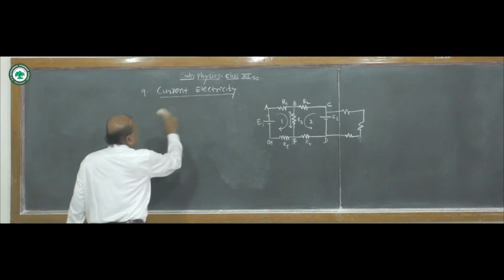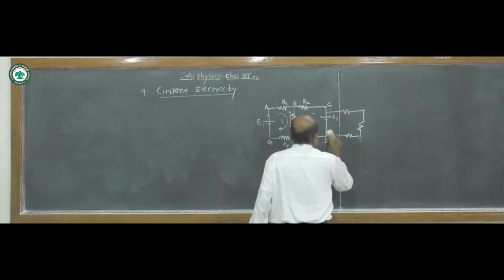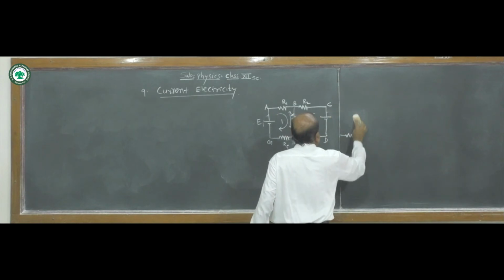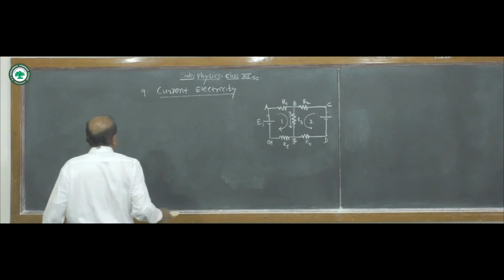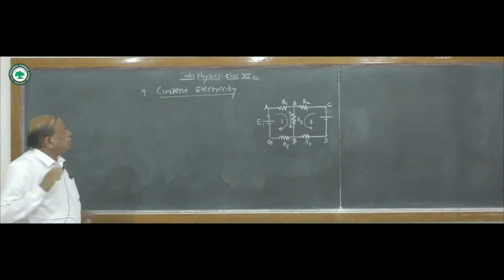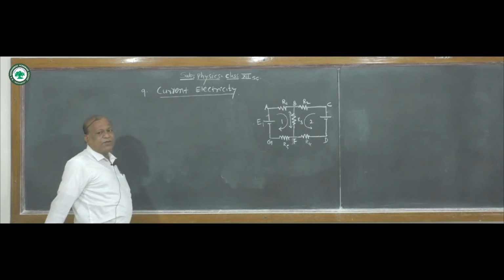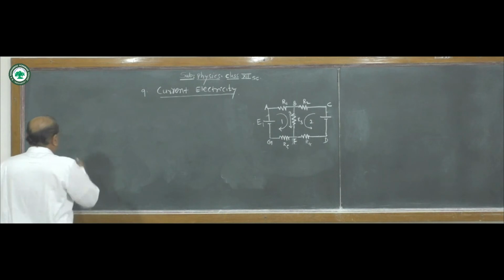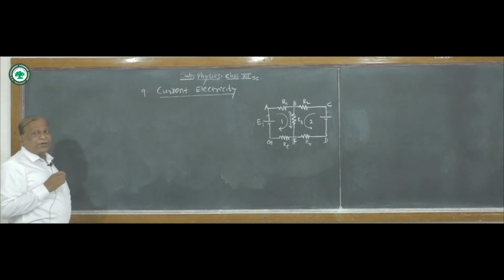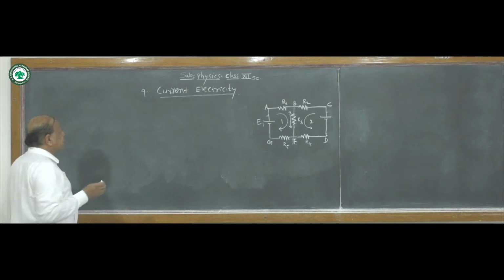Now, knowing these important concepts concerned with that electrical network, that is, a junction, loop, and branch of that network, let us see one by one Kirchhoff's first law and Kirchhoff's second law.